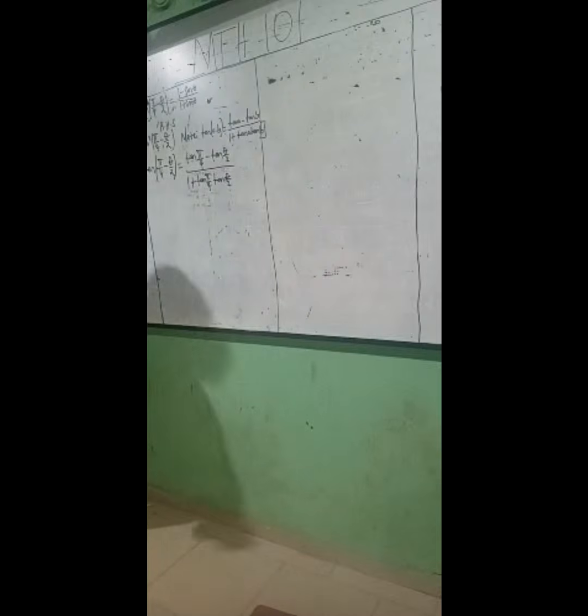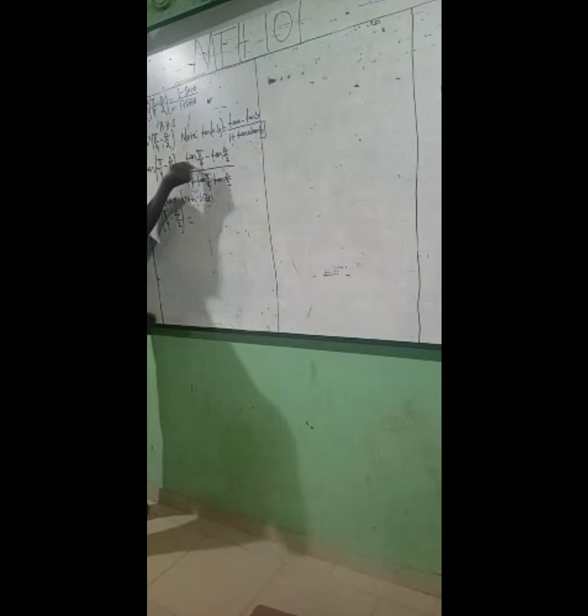Now let's square both sides so that we can have it as this. So this one is going to give us tan square 5 over 4 minus theta over 2 equals to.